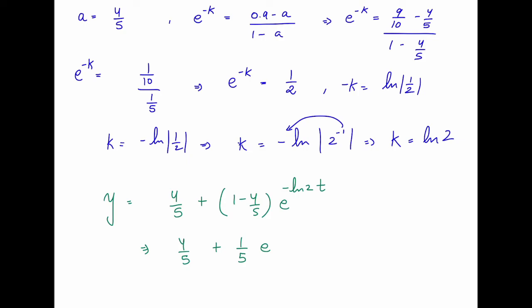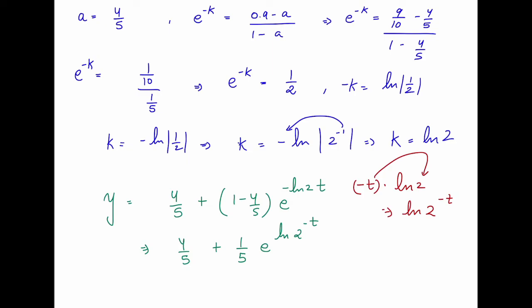This could be simplified a little bit more. Because of the exponent rules, you can write this as negative t times ln of 2, and because you can bring down or take it above, you can take this exponent and raise it to the power of 2, written as ln of 2 to the power of negative t.